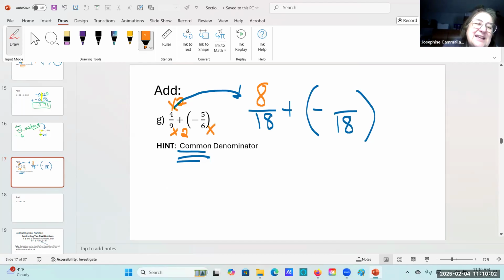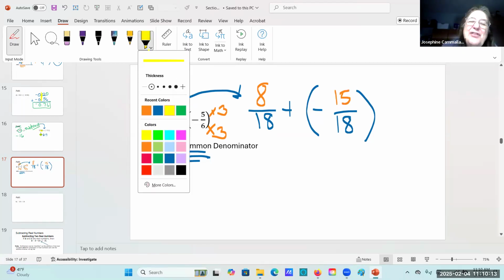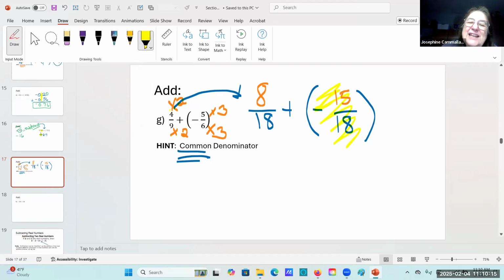This 3 is multiplying by 6, which means 5 is multiplying by 3. Okay, which is the bigger fraction? This one in the parentheses.